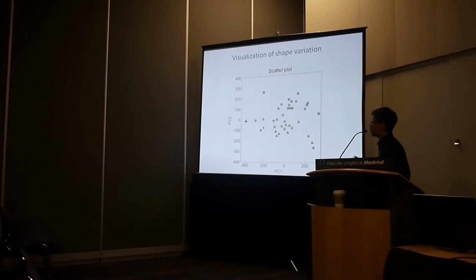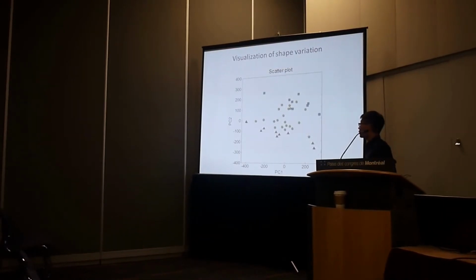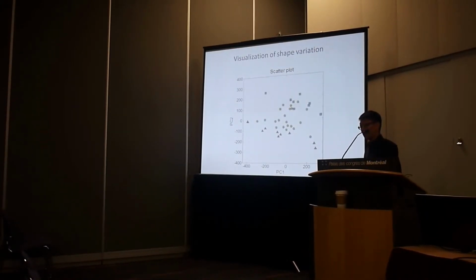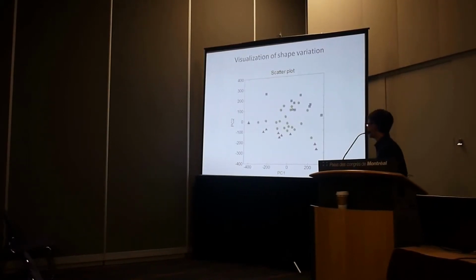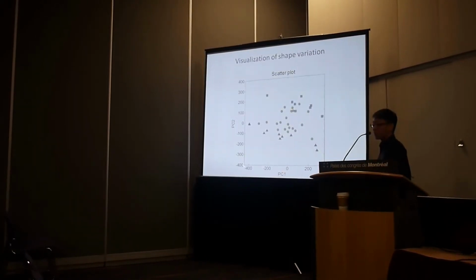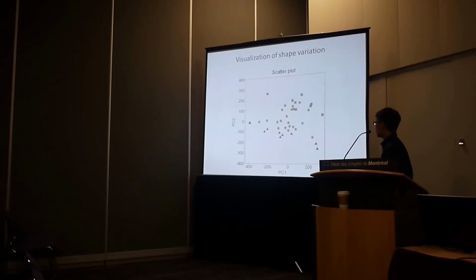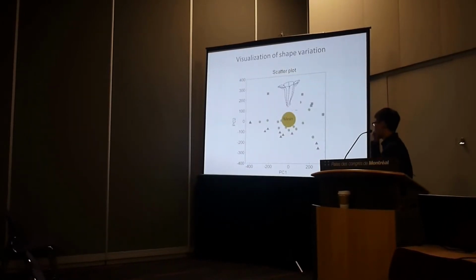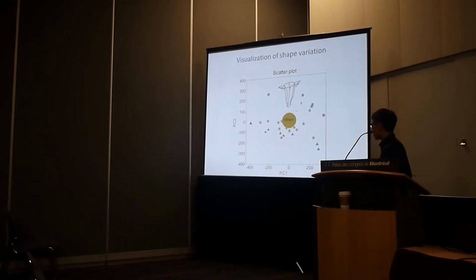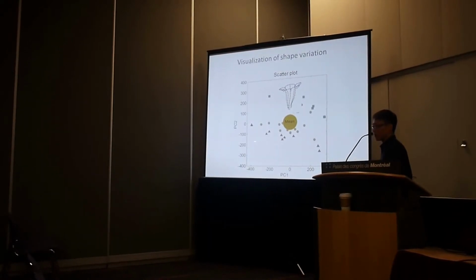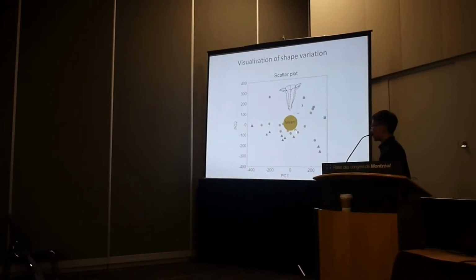So here I'm going to introduce how to visualize the shape variation in PCs. This is a scatter plot of PC1 and PC2. Firstly, we identify the mean shape at the zero position of each PC, which is over here.